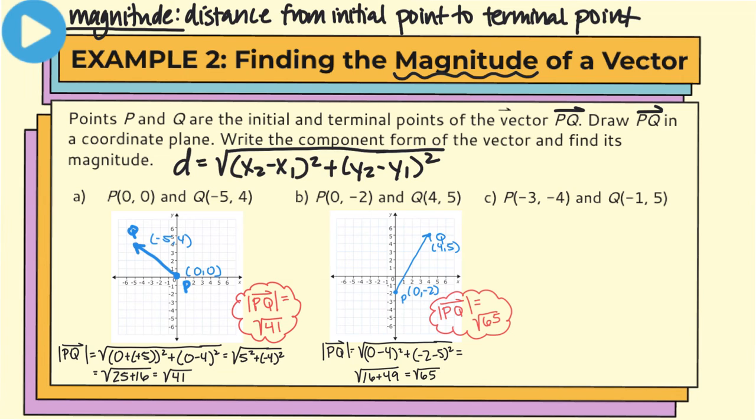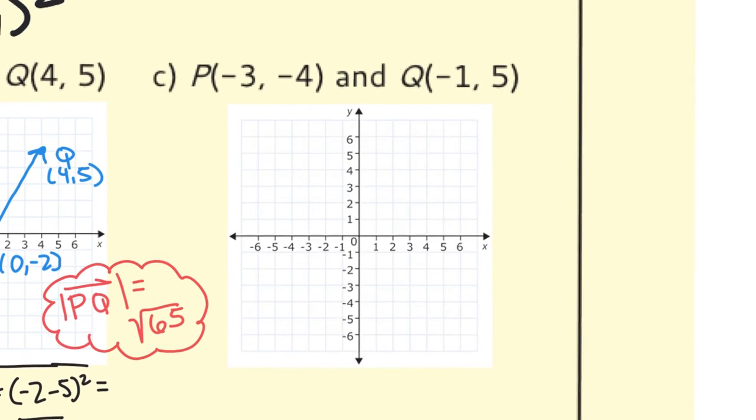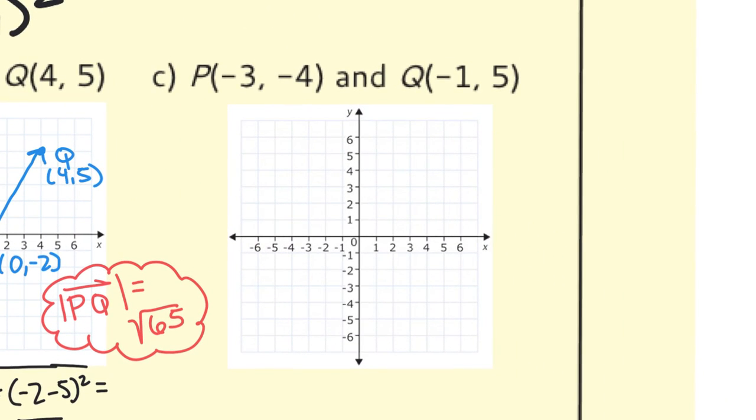And let's do our final example on this page. So once again, we are going to graph these points. We're going to start with P at -3, -4. And then Q at -1, 5. And then connect those.